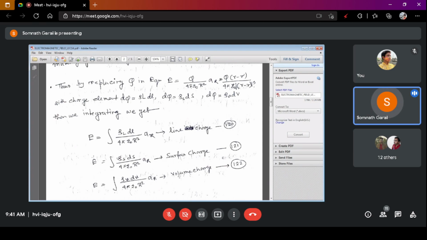So equation number 120 represents the electric field intensity for a line charge. Equation number 121 represents the electric field intensity for the surface charge, and equation number 122 represents the electric field intensity for the volume charge density.